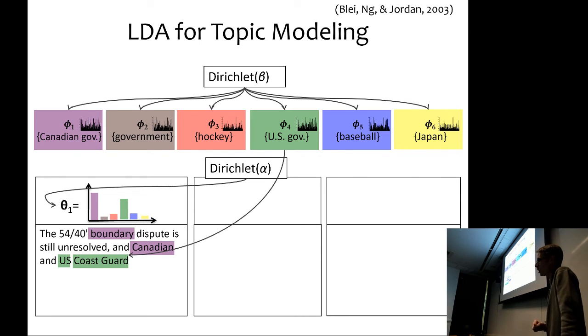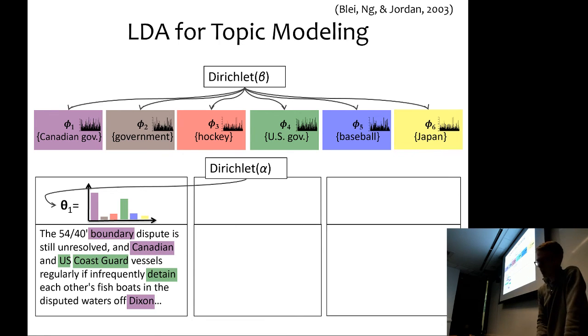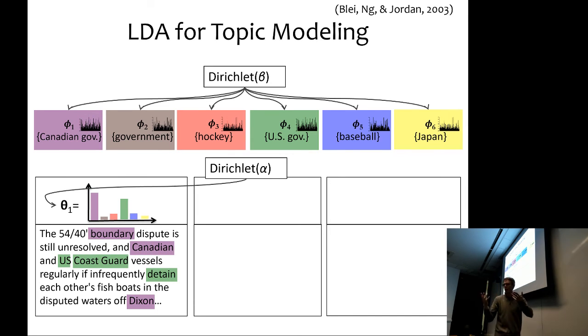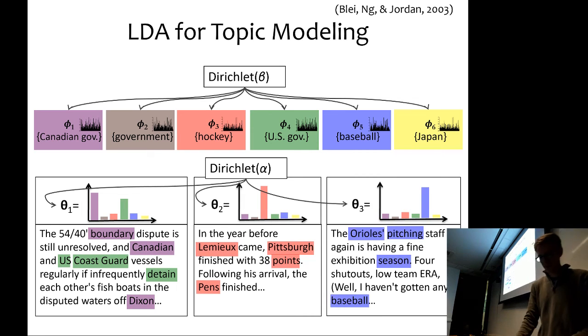So we sample a word, it comes up Coast Guard. And then we keep going all the way through the document. And I guess in this case, I only highlighted some of the words with their topic. But really, each word in this list should actually be highlighted with some corresponding topic.